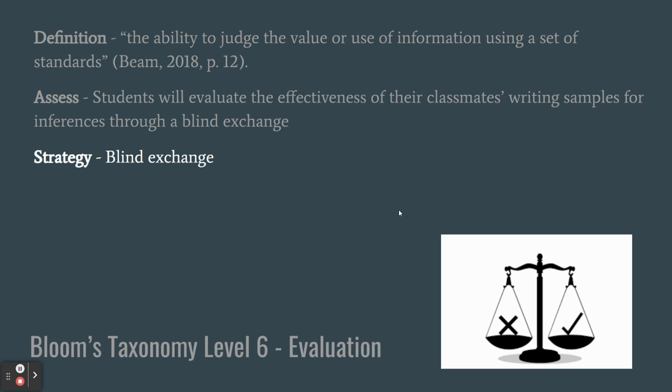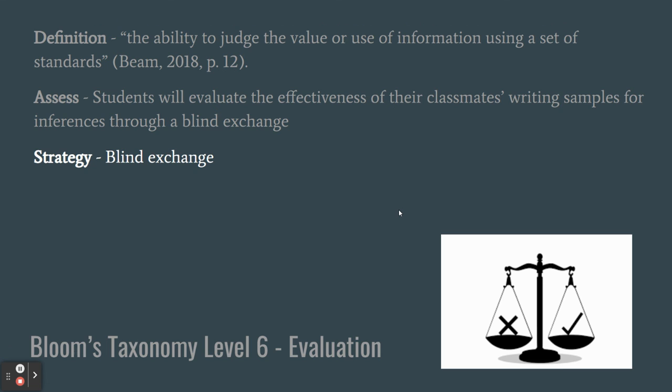And so as they're reading those writing samples, they're evaluating how effective their classmates were at providing good text evidence for the reader to make a clean inference that's on target with what the author wanted the reader to think.